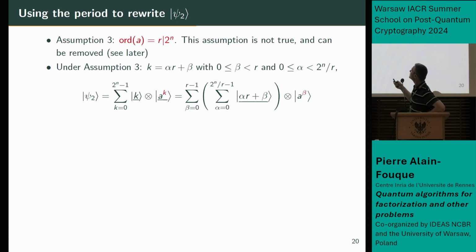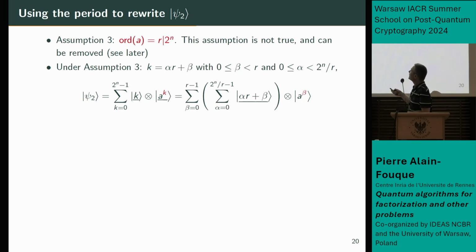Okay, so now let me divide the number k by r. If I do this Euclidean division, I can always write this k as alpha times r plus beta, and beta is smaller than r, and alpha is anything between 0 and 2 to the n divided by r. Okay, and I can do this for all the different values of k.